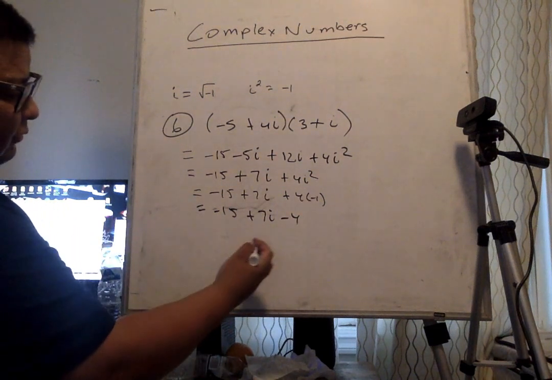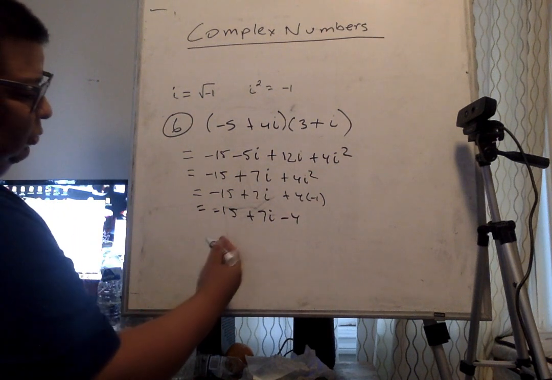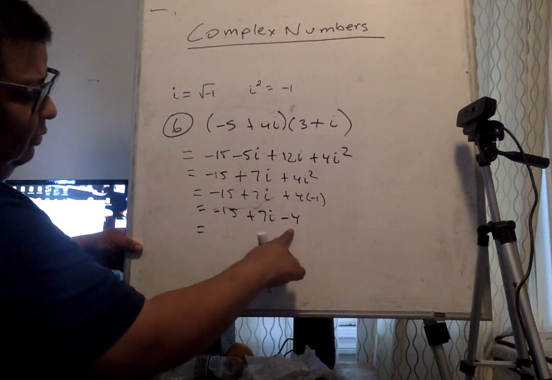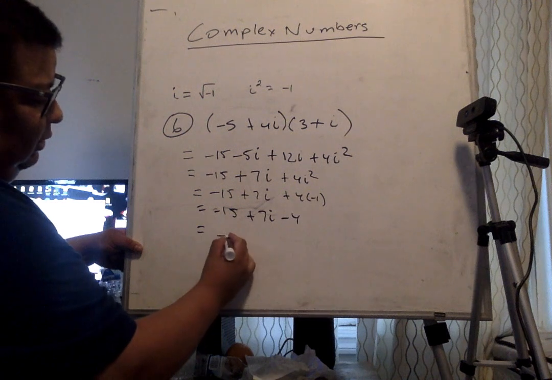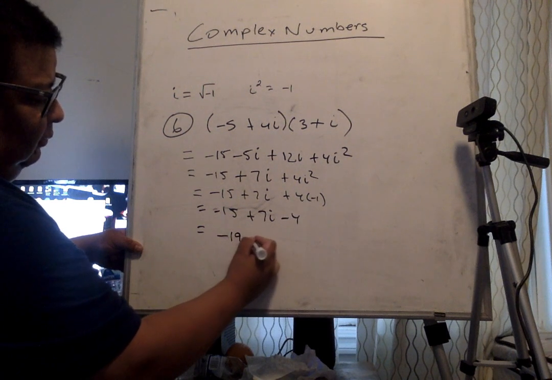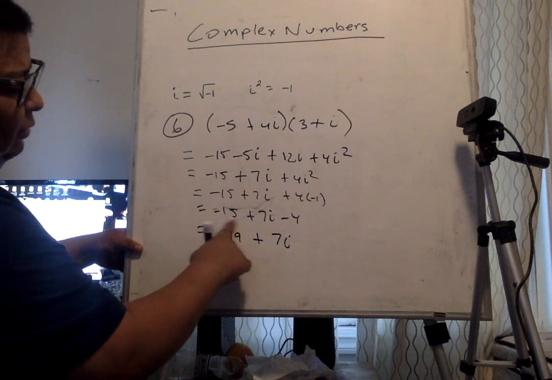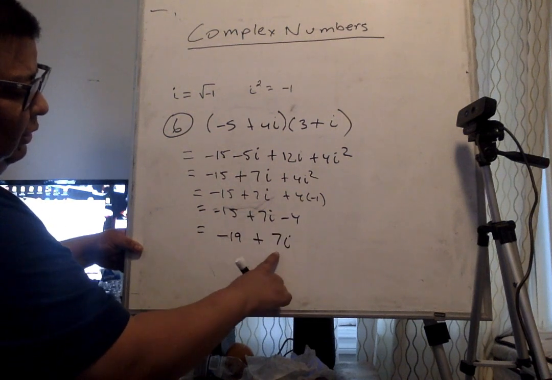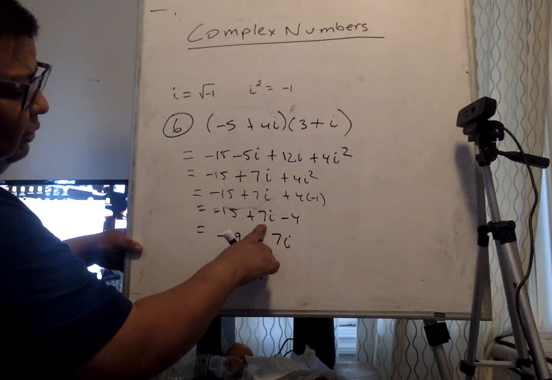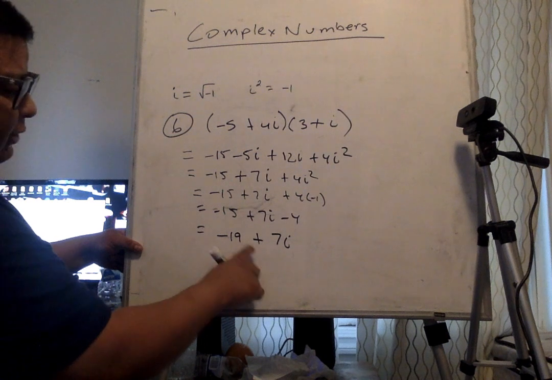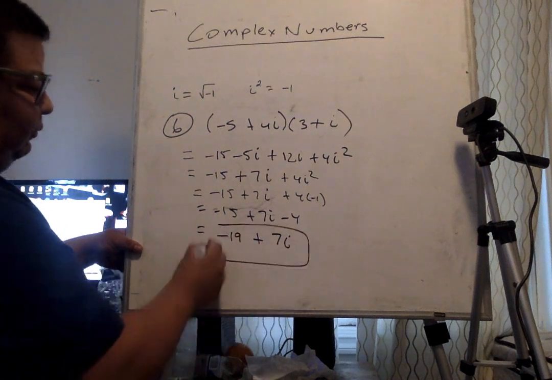Now, like addition and subtraction, we're gonna do negative 15 minus 4, that would be negative 19 plus 7i. So I combined the real parts, and I left the imaginary by itself because I don't have another term with it that is imaginary. So the final answer is negative 19 plus 7i.